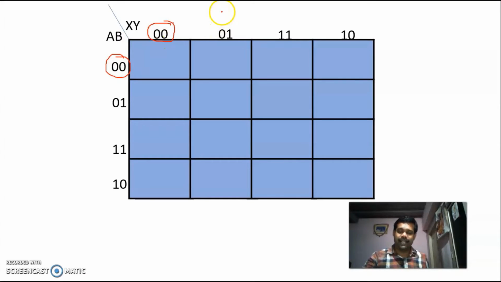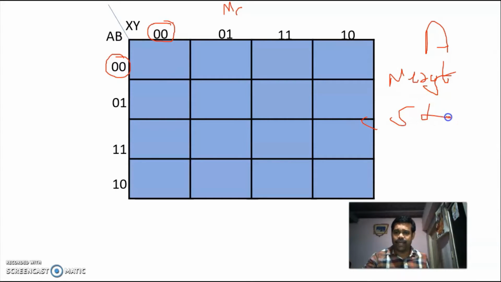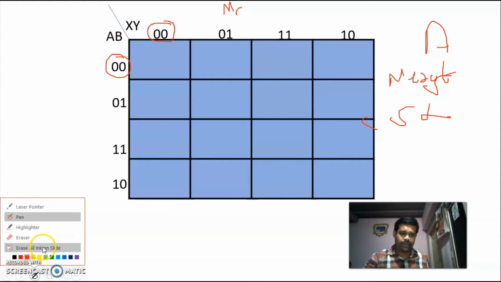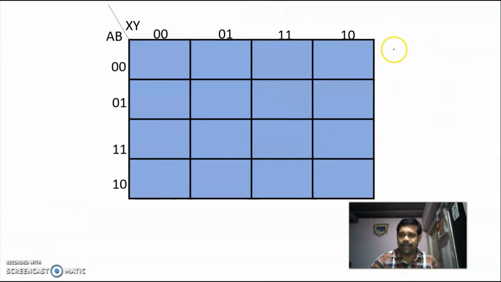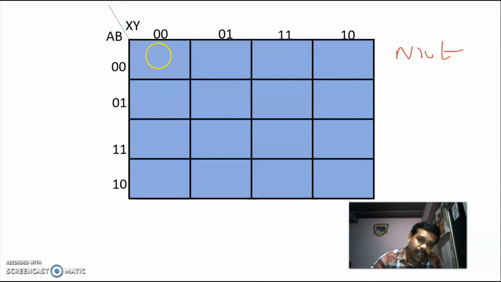This is the next state map of A. This is a four variable K map because we have two state variables and two external inputs. Here we are not going for mapping and grouping; we want to find the values of the cells.